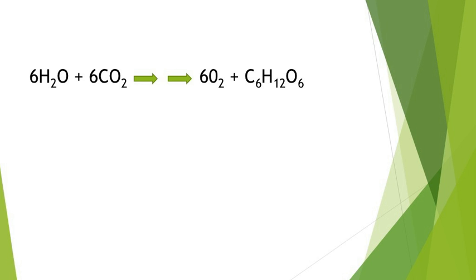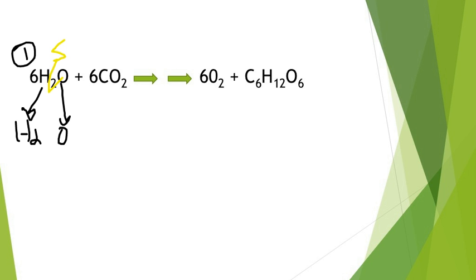So let's take a look at the order of what happens. The first thing that happens, we have sunlight come in our first step, and it breaks water for us. This water breaks down into H2 and oxygen. That's the first thing that's going to happen.